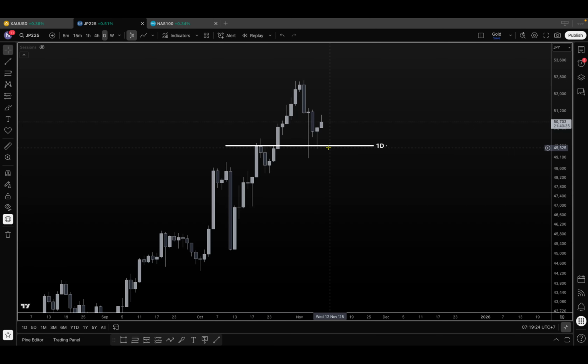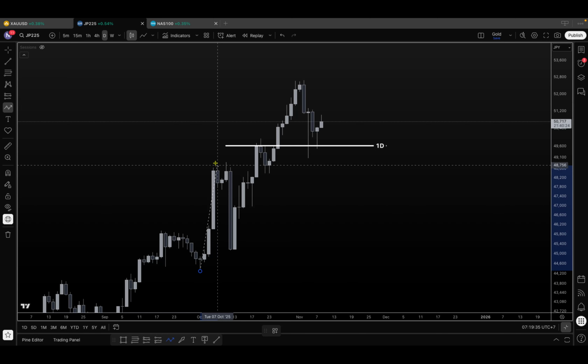And here it's easy to see the trend on JP Nikkei. On Nikkei is an uptrend. See, up, pulls back, break, and pulls back again.